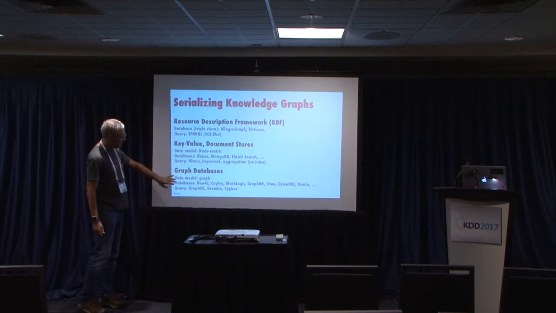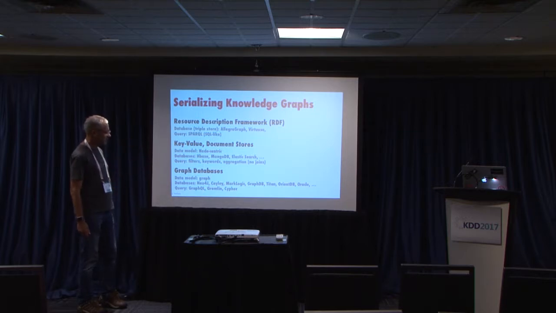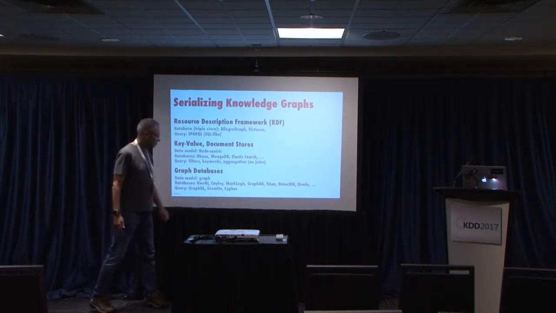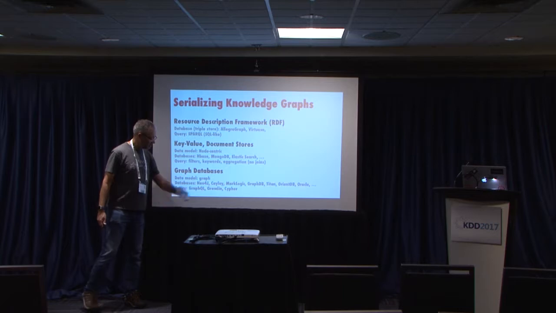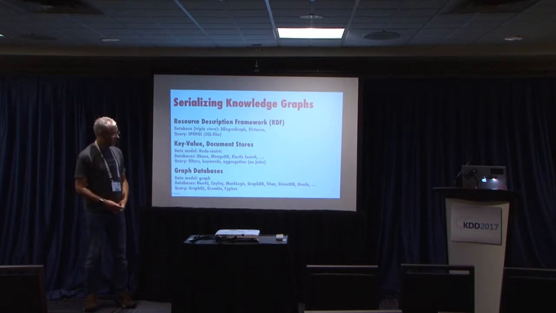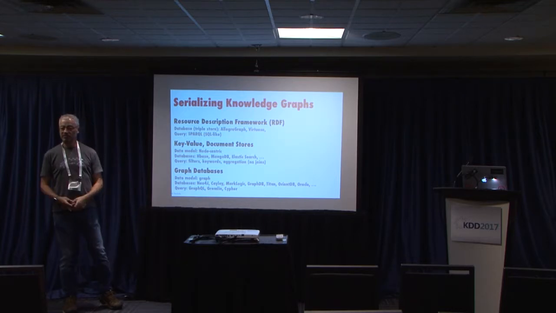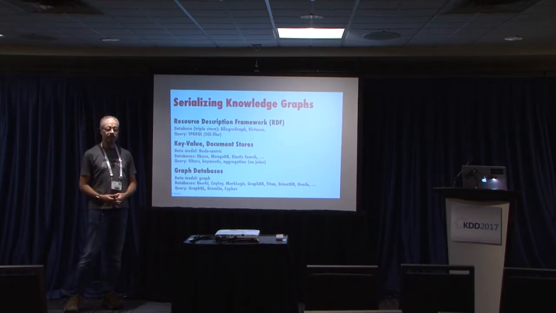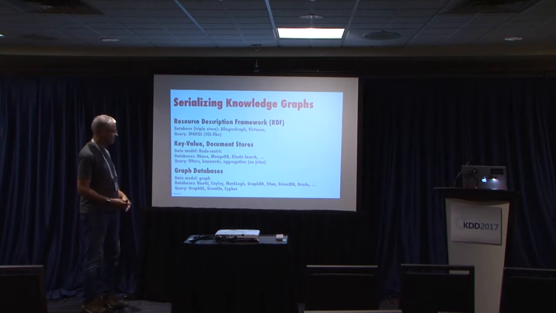There are actually native graph databases, and there are actually a lot of them. And they have languages like GraphQL, Gremlin, Cypher, which are very different from the sort of SQL-like SPARQL languages from the semantic web. And they are popular.